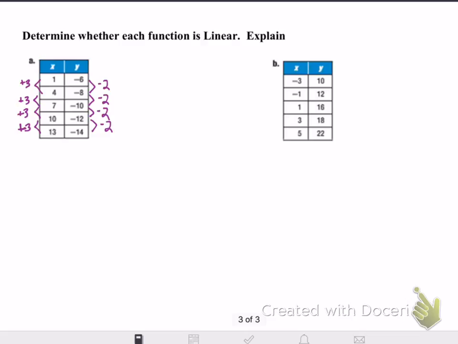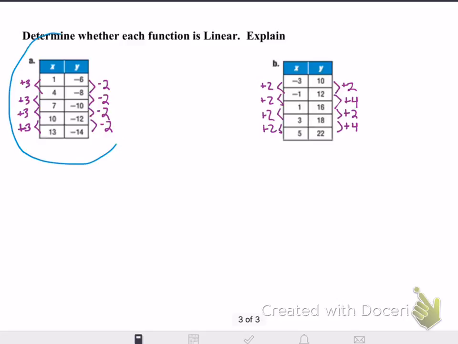Let's kind of hold back there. Let's look at B. Letter B, it's going up by 2 here, and then plus 4 here, and plus 2 here, and plus 4 here. And then my x's, it's going up by plus 2, plus 2. So my x's look consistent. Which of these do you feel like is linear?